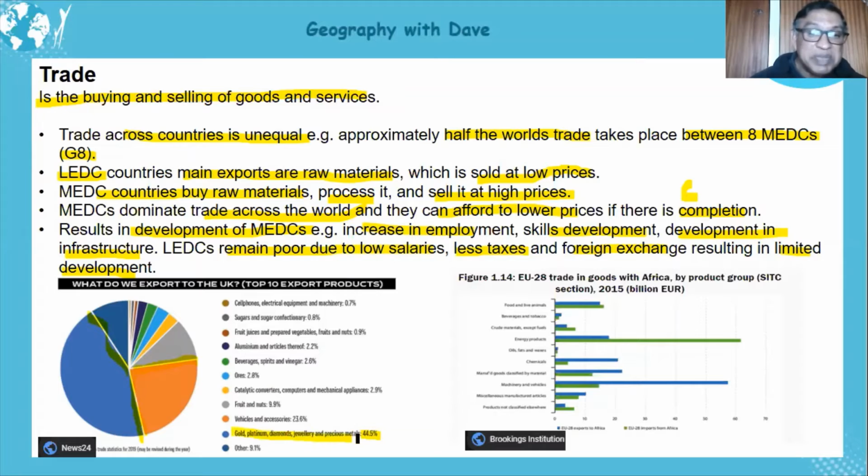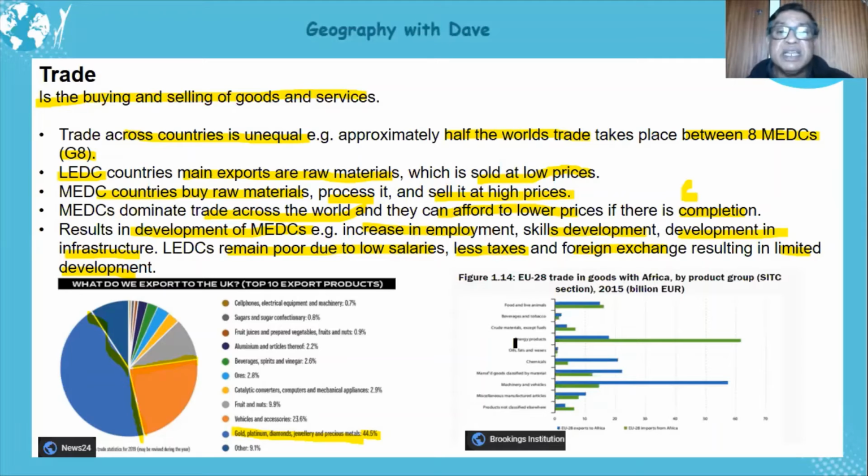It's our raw materials. How much raw? And South Africa now is a newly industrialized country. It's not even an LEDC. And look at the amount of raw materials. Imagine many of those LEDC countries, how huge it is, that even in a NIC we're still exporting such huge amounts.